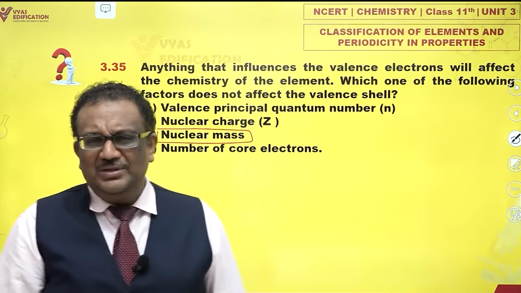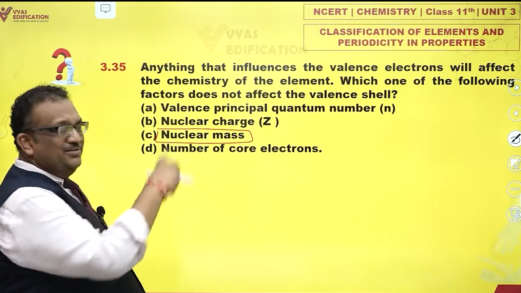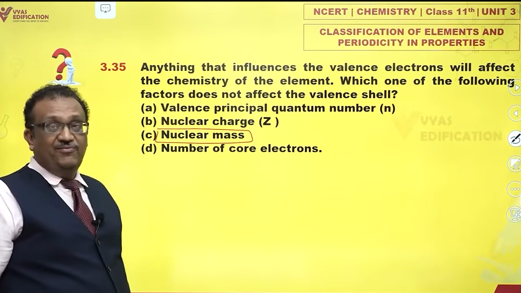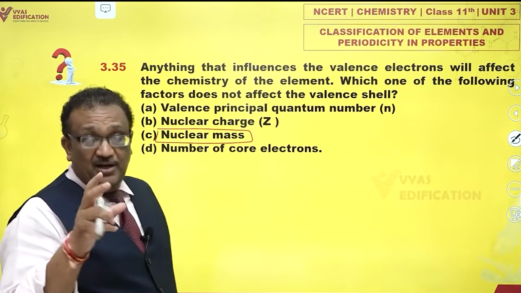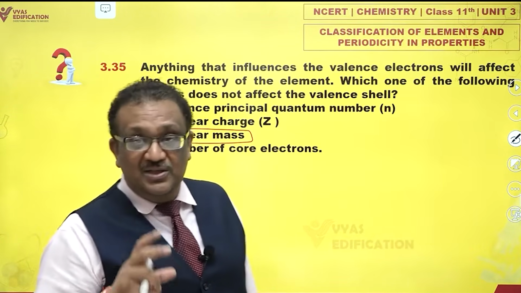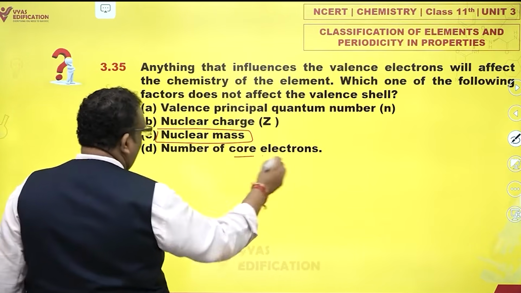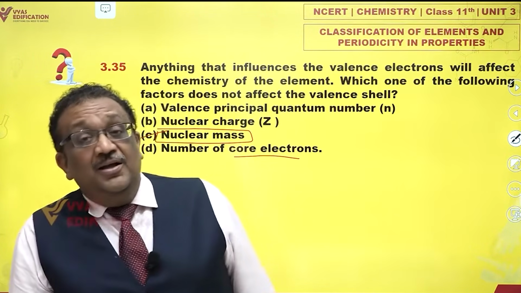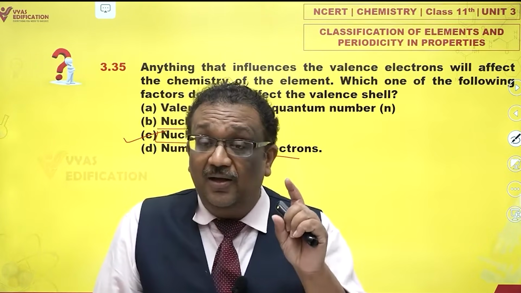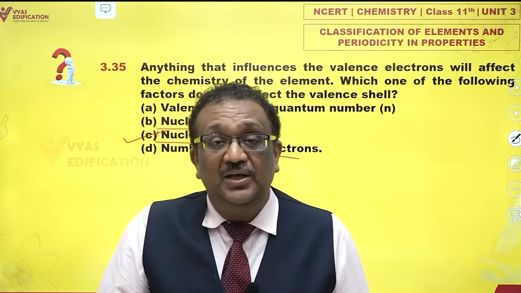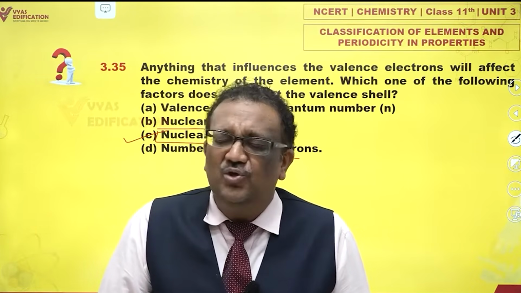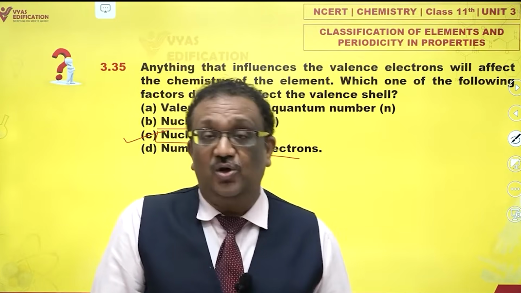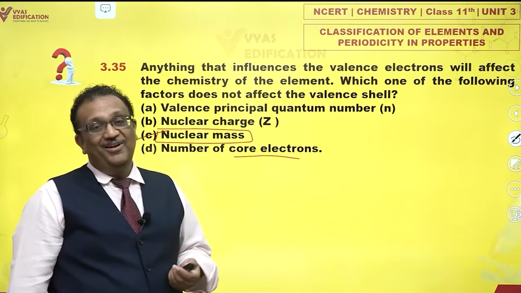The number of neutrons is not something which actually bothers the valence shell really, and the number of core electrons, that yes does affect the valence shell because that affects the screening constant, and yes, Z effective is controlled by core electrons. Also nuclear mass is something which is irrelevant. I repeat, when you are comparing isotopes, they have the same electronic configuration and virtually the same properties, largely because the variation in the number of neutrons does not affect the properties of a given element.